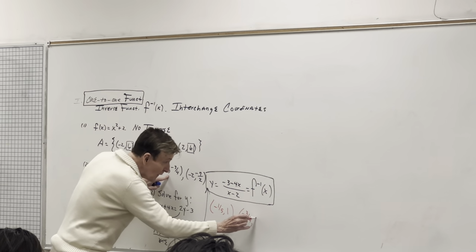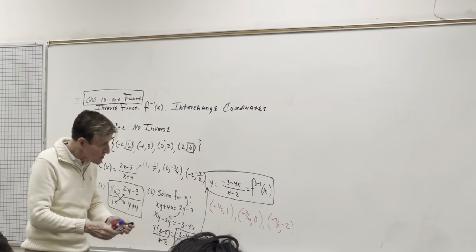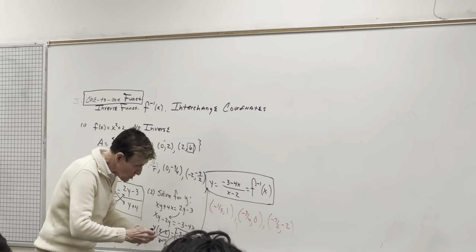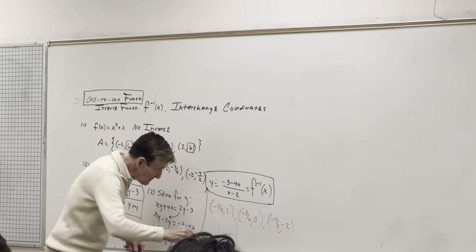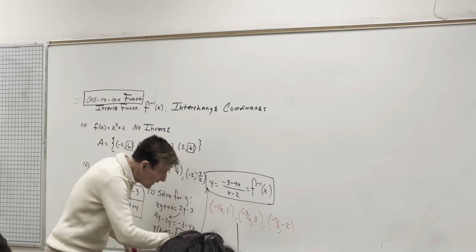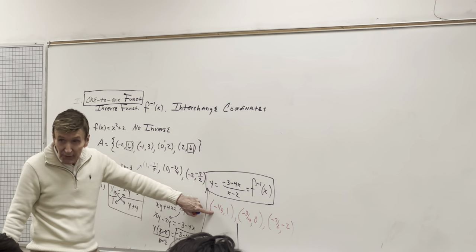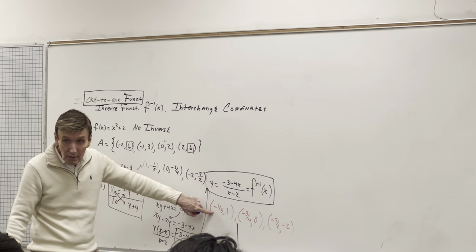Now what should happen? I may have made a mistake in the math. What should have happened, and we'll be very patient here, you'd have to say, Professor, you had better check to make sure you did not make a mistake here. Go back up here and replace x by negative 1/5 in the inverse. Here goes, guys.